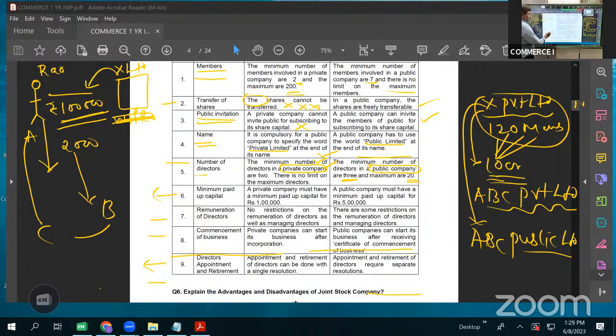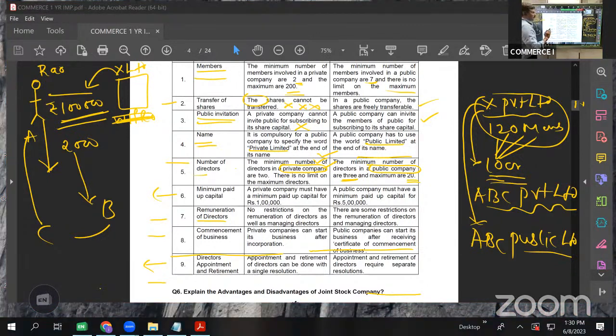Then, remuneration of directors. In a private limited company, there is no restriction on the remuneration of directors. A director can take any salary.